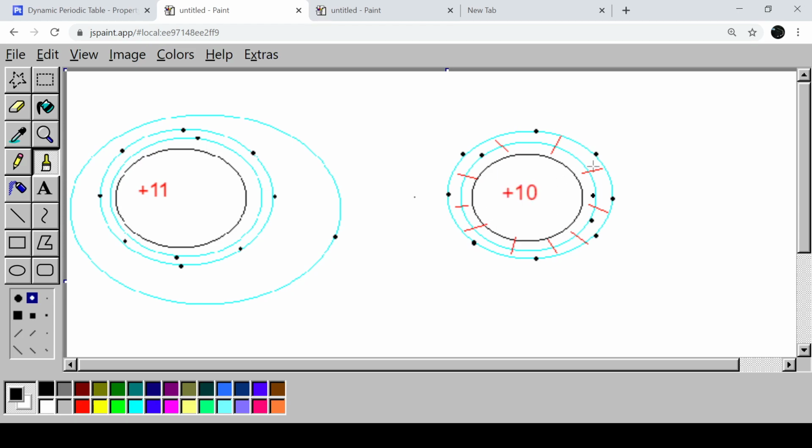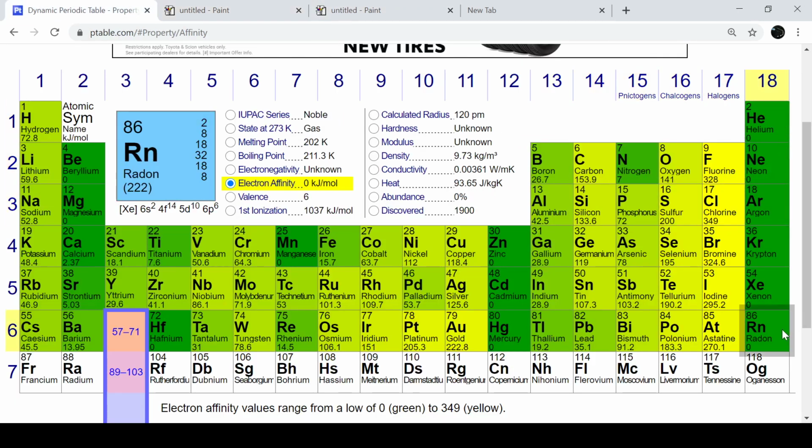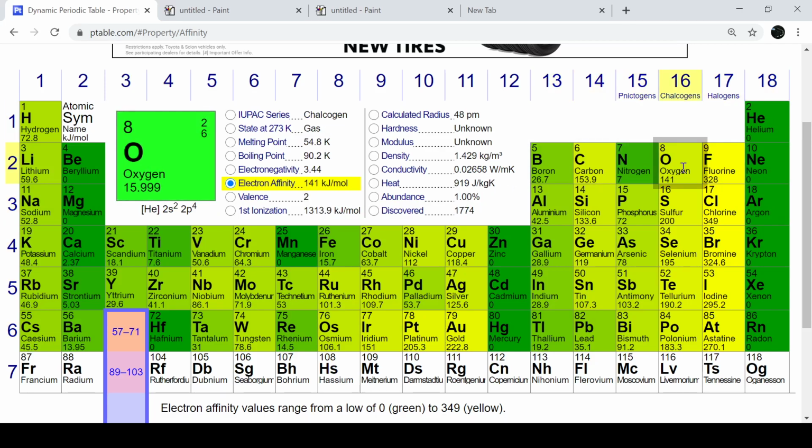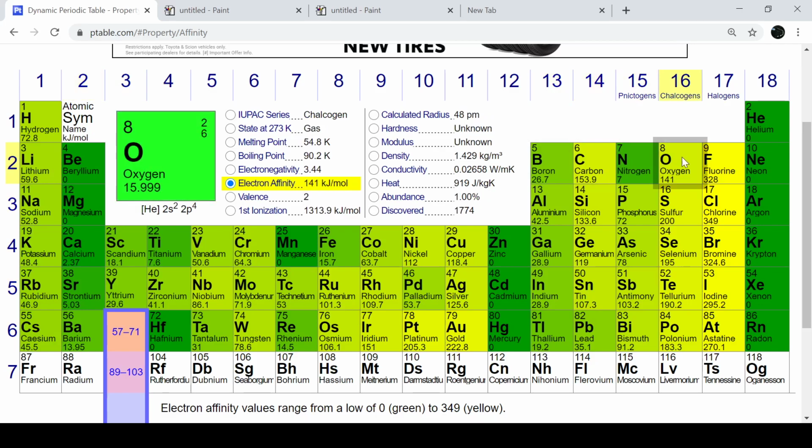So this one is an example of neon, and notice that it's all the way filled, which means that it really doesn't want to grab another electron, which is why these ones have no electron affinity whatsoever, okay? And what you'll notice is that for a general rule, the electron affinity is going to increase and go towards the right, just like we saw with that ionization energy, except that it's going to stop at fluorine instead of at the noble gases here, okay?